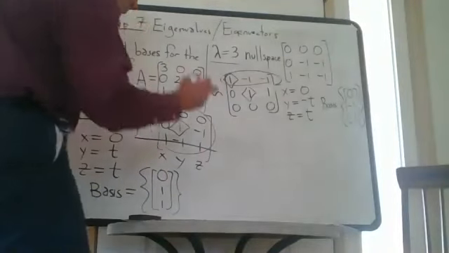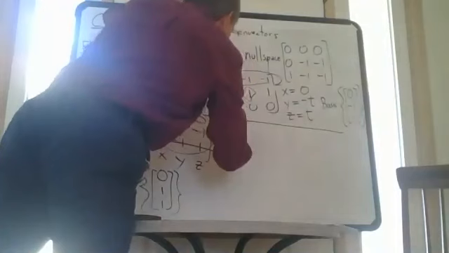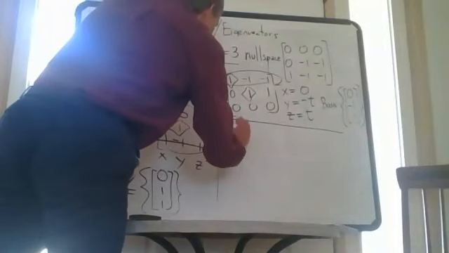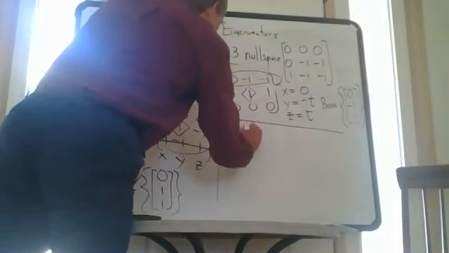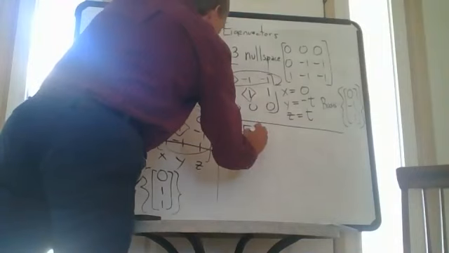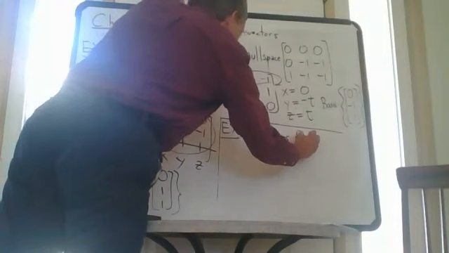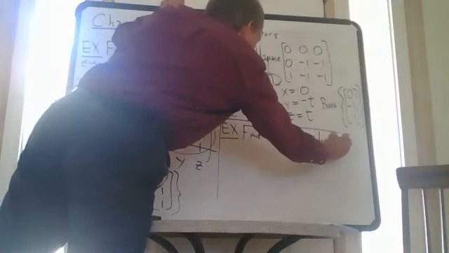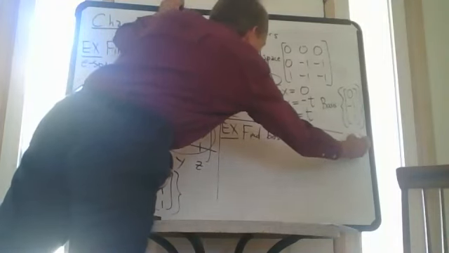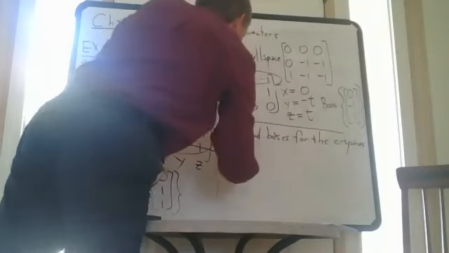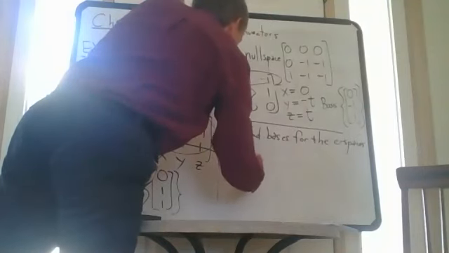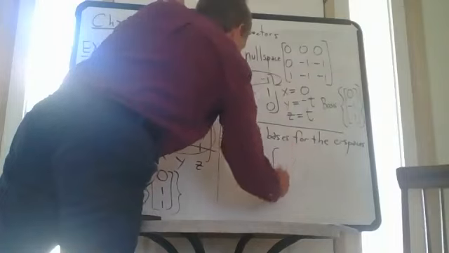Let me write the example down here in the bottom right corner of my whiteboard. Find bases for the eigenspaces of, so I'm going to give you another matrix here.